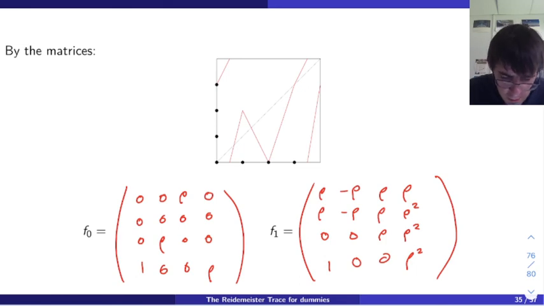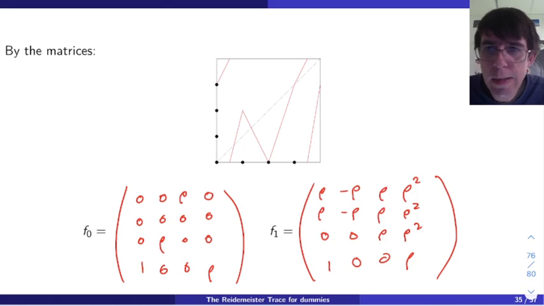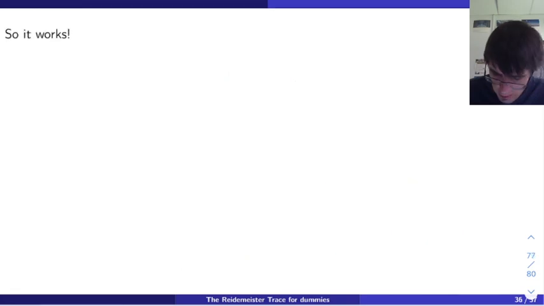Sorry, I did that backwards. I didn't like the looks of that. It's because the rho squareds are these ones, right? The one that it hits before the wrap is the last edge. All right, got to get it right. Okay. All right, those are the matrices. So it works. Oh, I didn't finish.